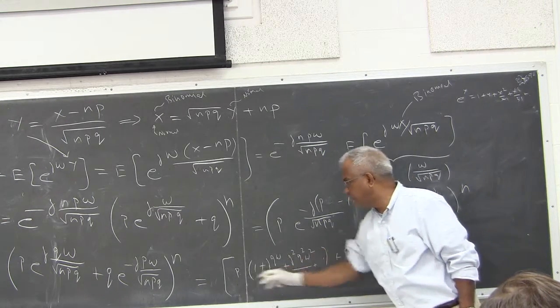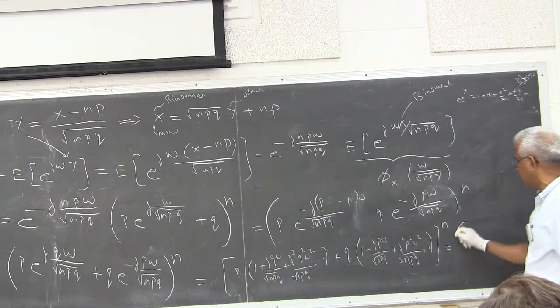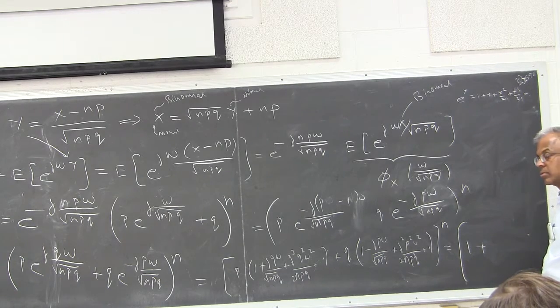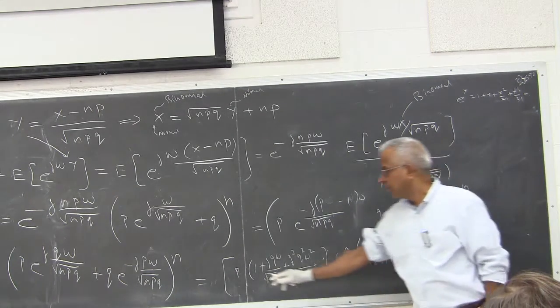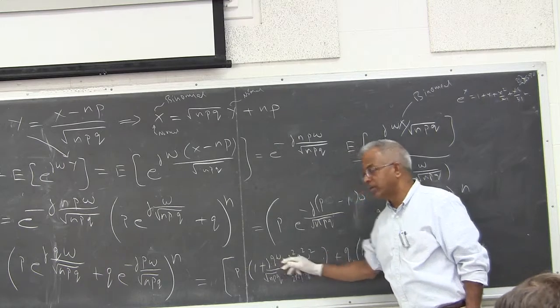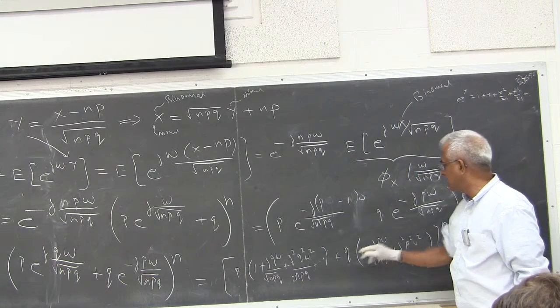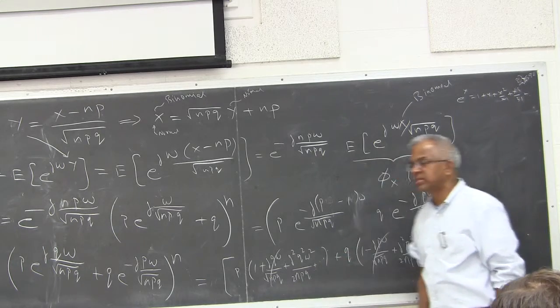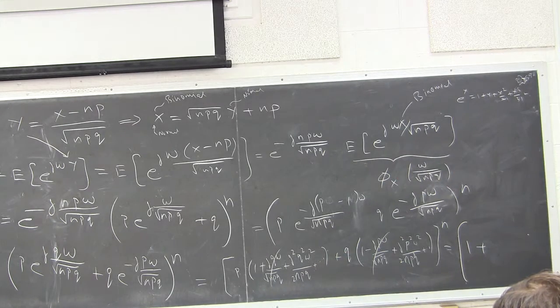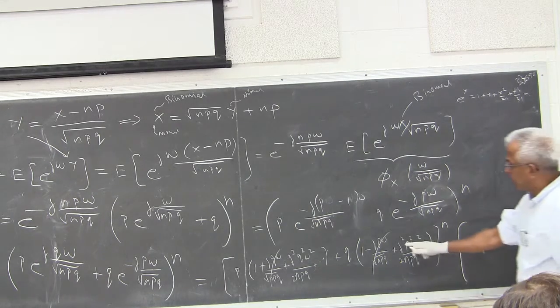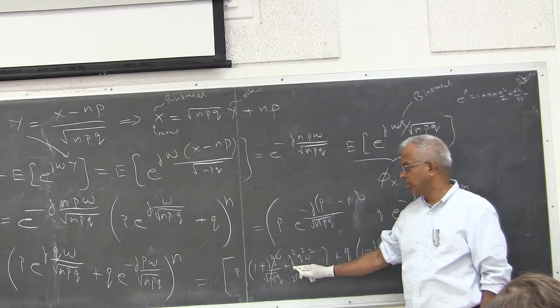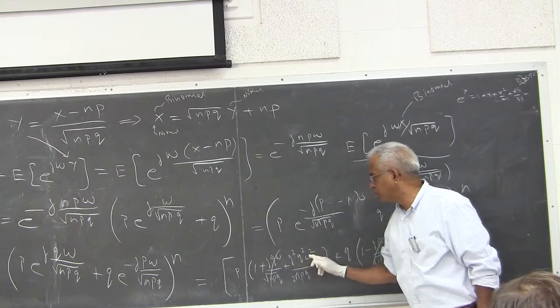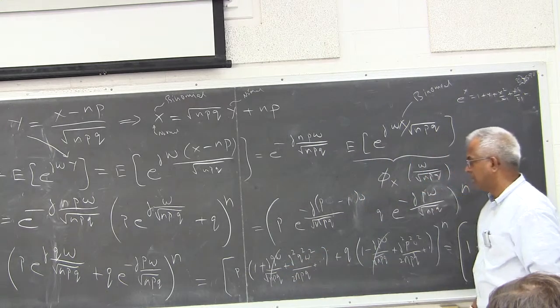Now let's add it up. P plus q is, the first term is 1, right? Then look at the next term. Here you have j pq omega. Here you have minus j pq omega, and the denominator is the same. So this term cancels with this term, right? j squared is minus 1. So both the places j squared is minus 1. Then you have pq squared omega squared.